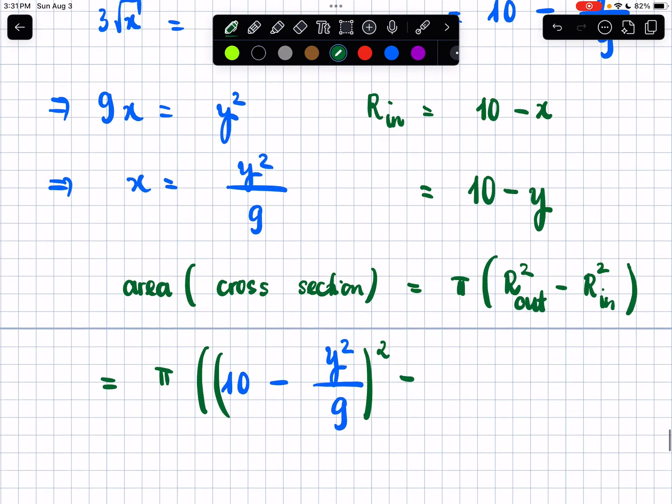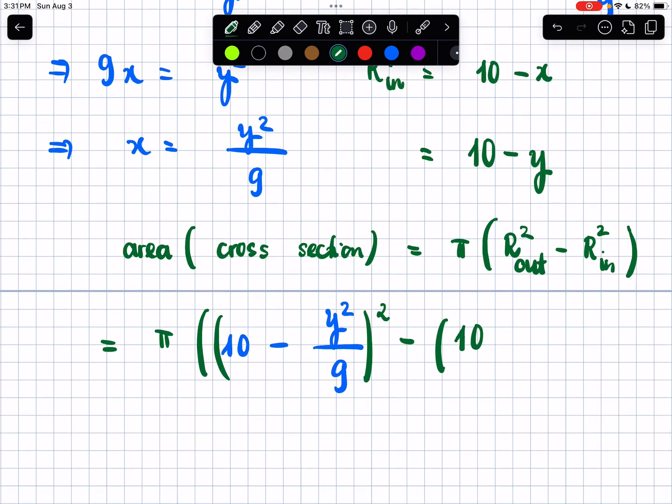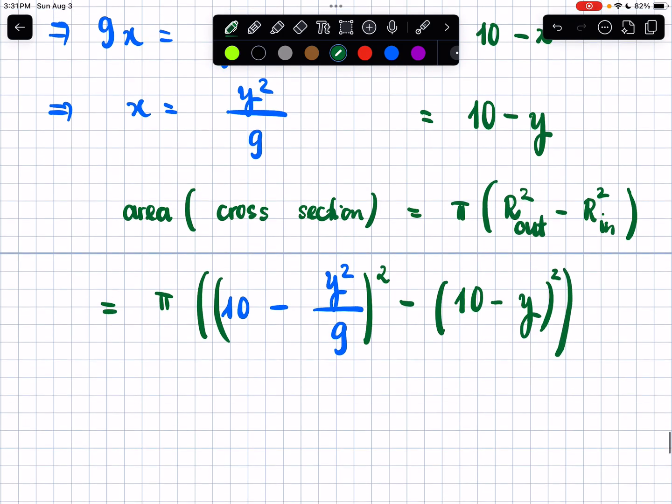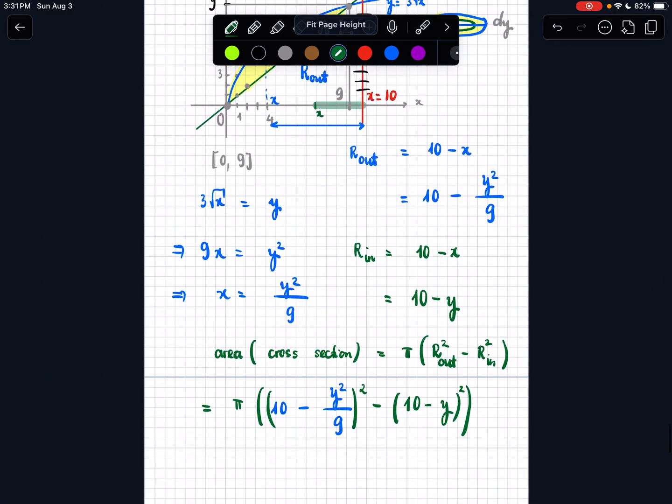R inner is 10 minus y, square. So this is the area of the cross section.